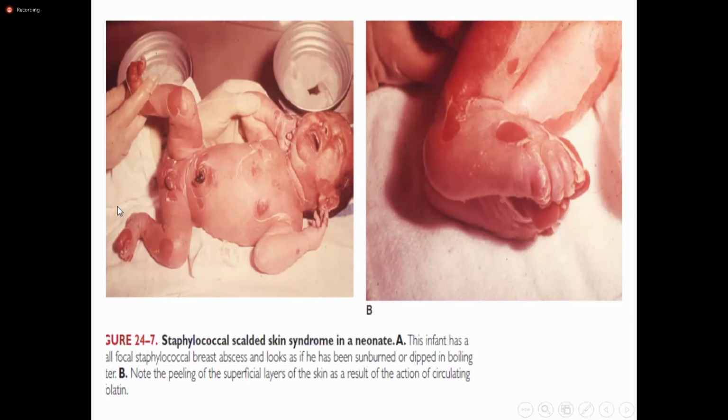This is a syndrome called staphylococcal scalded skin syndrome. It looks like a burn. When you see this child, you would say he has a burn, but it is not a burn. Staphylococcal scalded skin syndrome means Staphylococcus aureus can cause staphylococcal scalded skin syndrome and can cause toxic shock syndrome. Two syndromes.